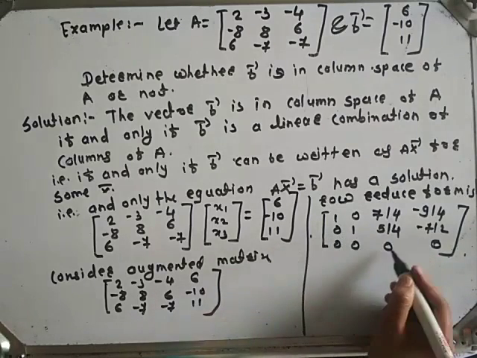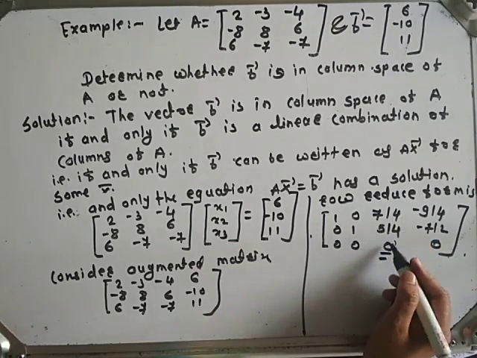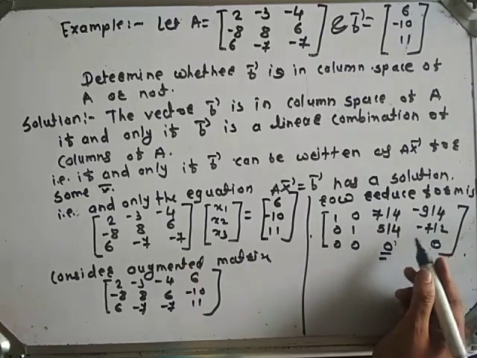See here column 3 has no leading one, so x3 is a free variable.